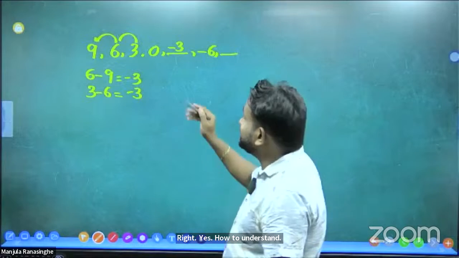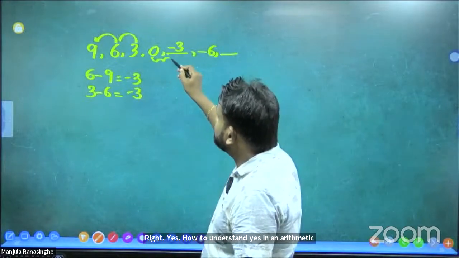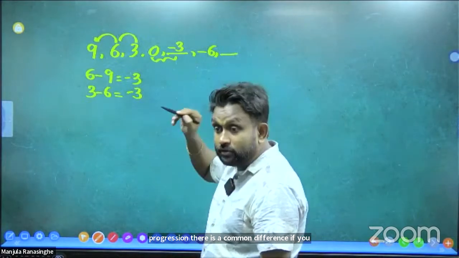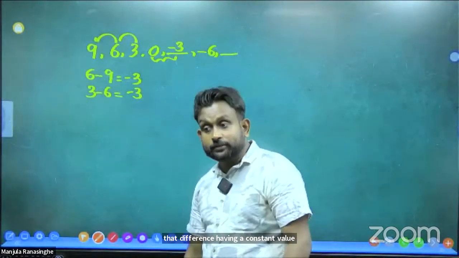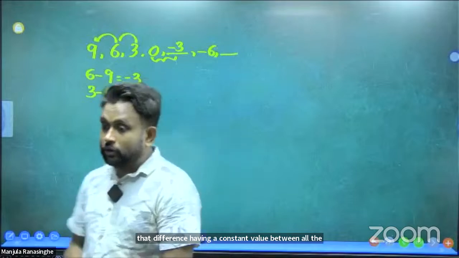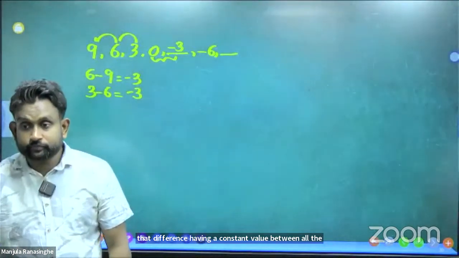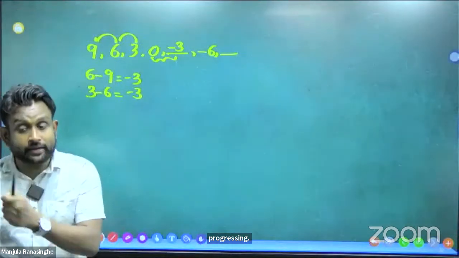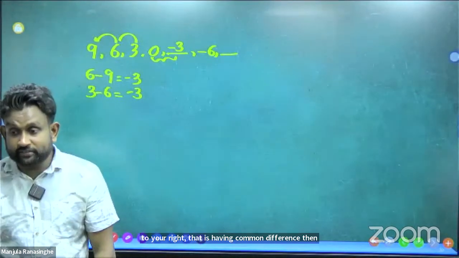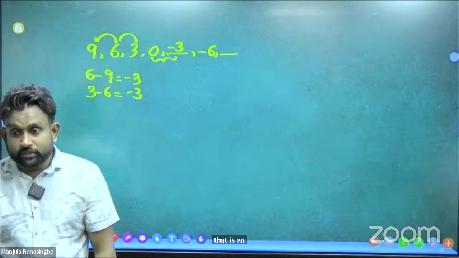If you consider any two consecutive terms, that difference has a constant value throughout all the progression. So you write that it has a common difference, then that is an arithmetic progression. That is how your argument builds up.